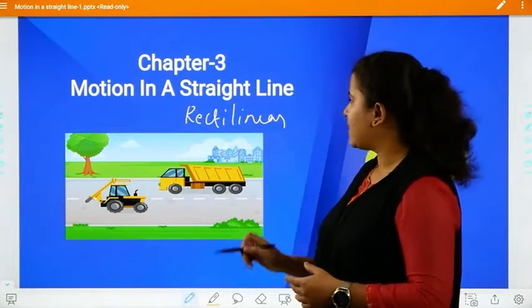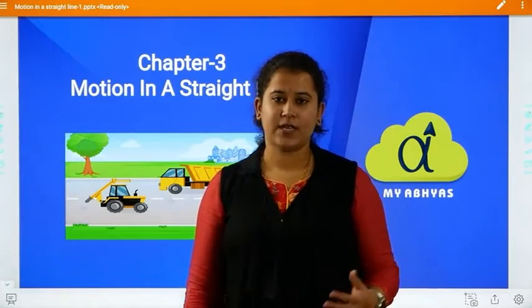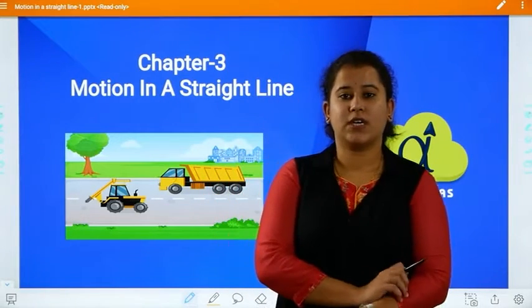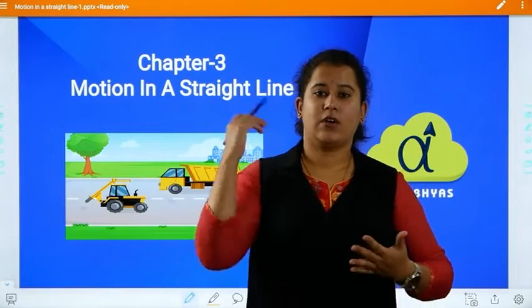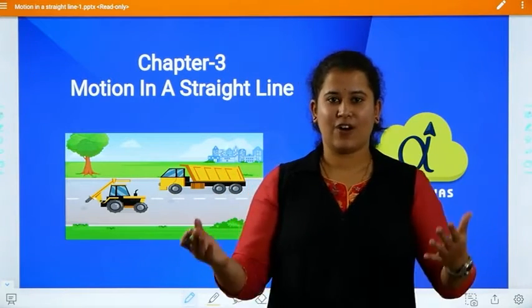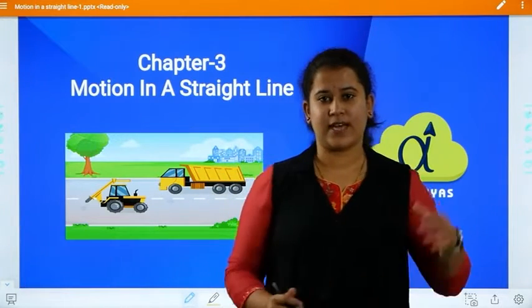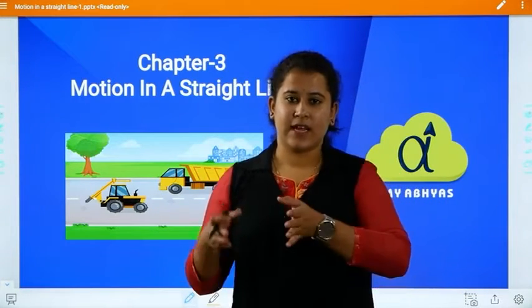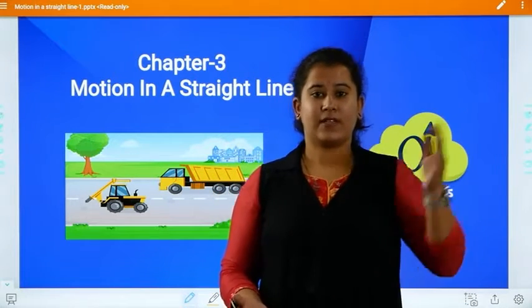So why are we studying this? What is the need of this? Because to study aeroplanes and rockets, first you have to study buses, right? How the bus travels, whether the frictional force is there, whether air resistance is there, what happens when it is going straight, when the speed increases, when the speed decreases.